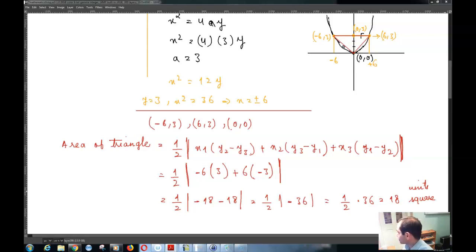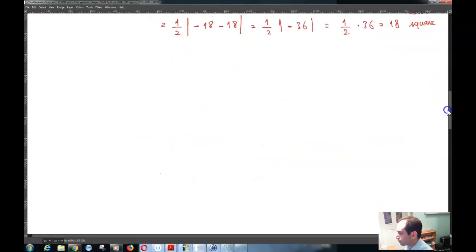And the next question, number 7, is: a man running a race course notes that the sum of the distances from the 2 flag posts from him is always 10 meters.